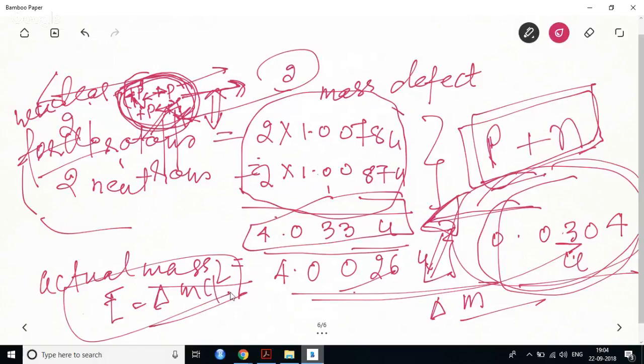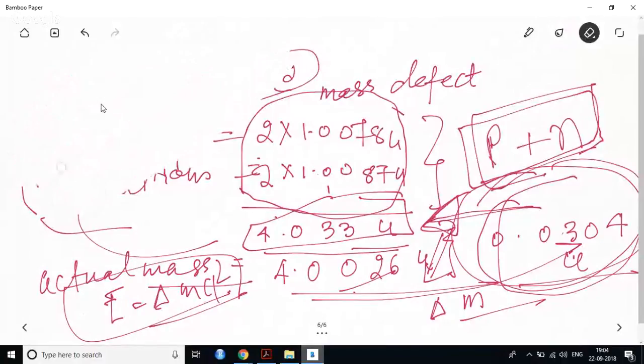This change in energy is nothing but your nuclear energy, or nuclear force, which combines these protons and neutrons together. So that is how we have to understand the concept of mass defect.